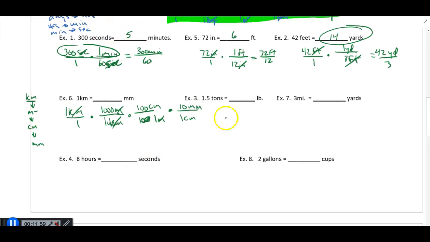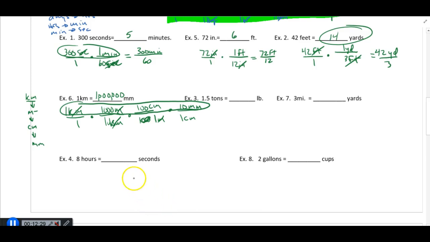So to simplify this, I multiply the numerators: 1,000 times 100 times 10 would give you 1 million millimeters in a kilometer.